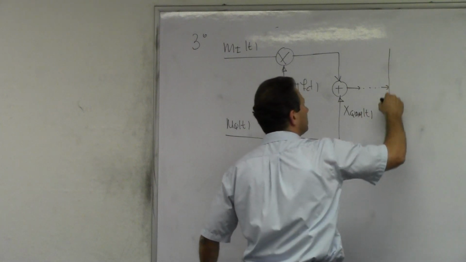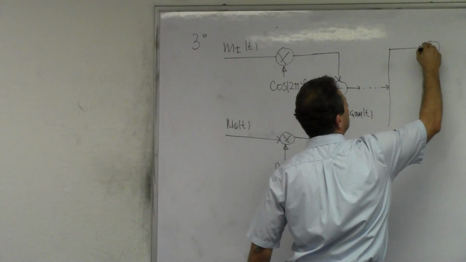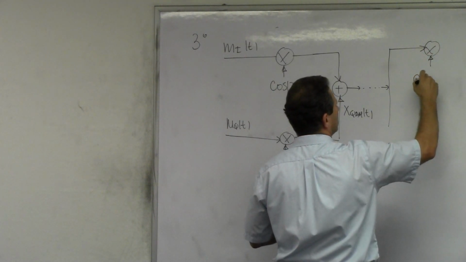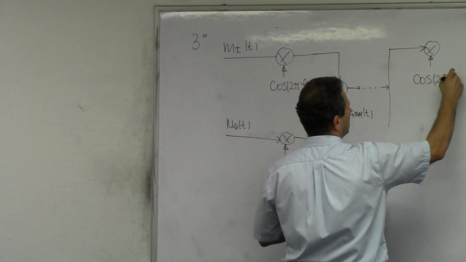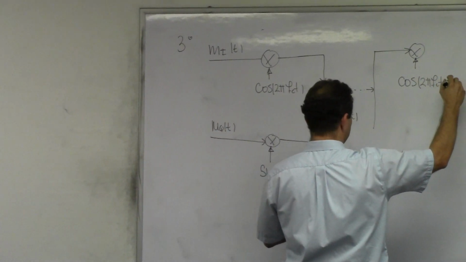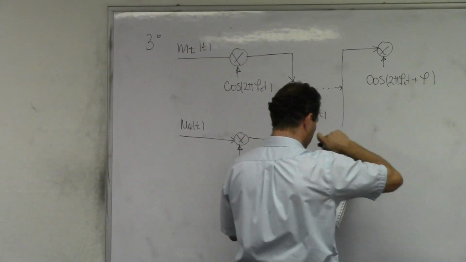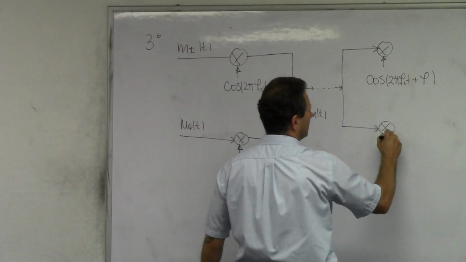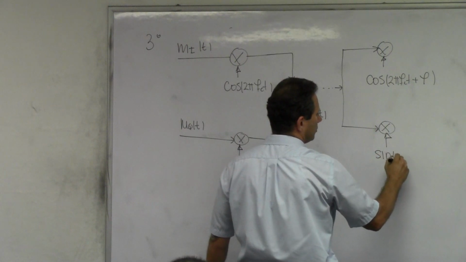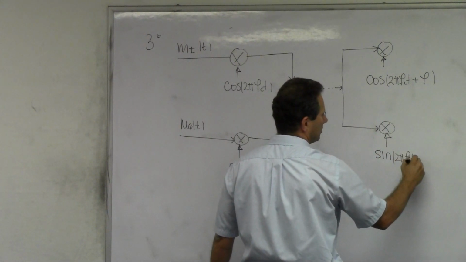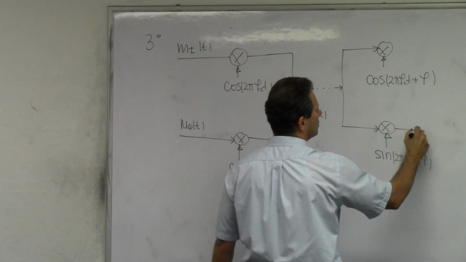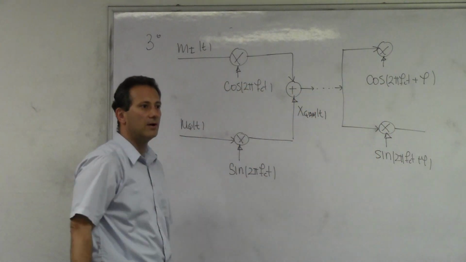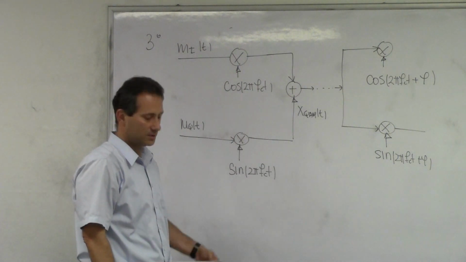On the other side, I'm going to take the incoming signal, and in the upper branch, I'm going to multiply with cosine 2 pi fct plus some angle. And in the lower branch, I'm going to have sine 2 pi fct plus the same angle. So this is also two carriers in quadrature, but they're at some angle phi offset from the original ones.